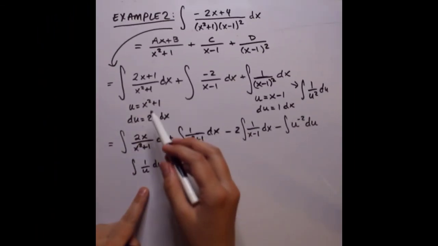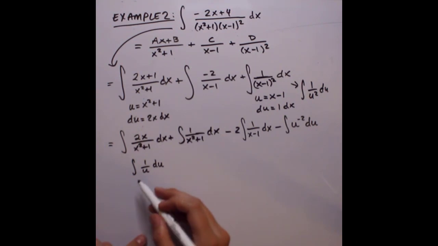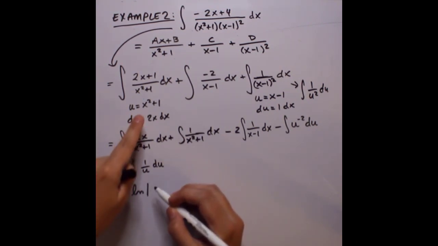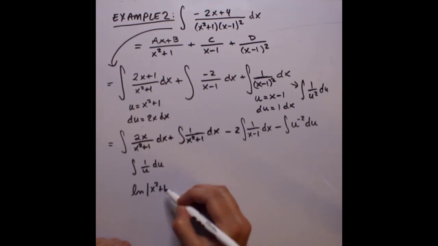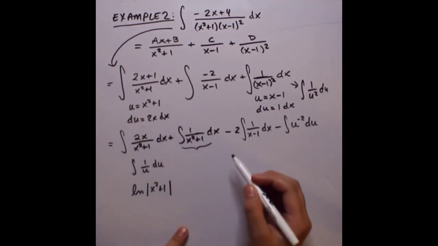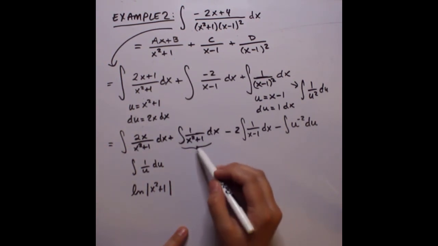Okay, so on the first one, you have just 1 over u, so hopefully you got that this is just ln u, but u was x squared plus 1. The second one, now this one, you might have looked at this and thought, well, what do I do here? If I try u substitution, that's not going to work. There's no derivative. But this is actually a derivative that you know. So remember what the integral is asking you.